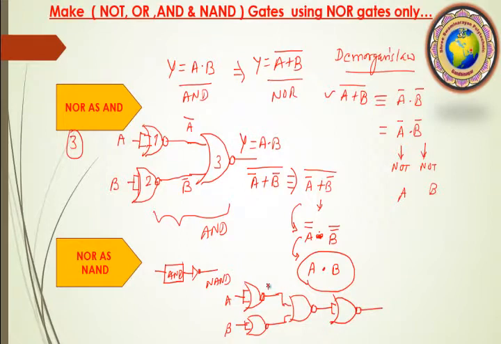So what happens here is A bar and B bar. Here our output is A dot B and the final output is A dot B whole bar. This is equivalent to a NAND gate. By using that we require 1, 2, 3 and 4, so we require 4 NOR gates to develop a NAND gate.